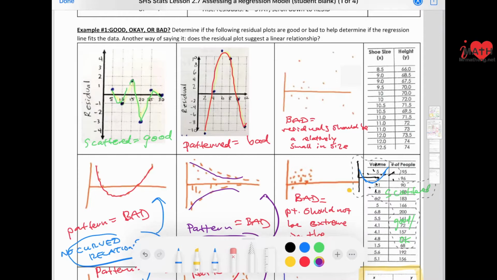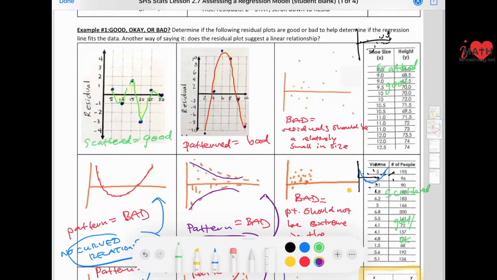Let's look at the shoe size and height. So that one on mine kind of looked like that, and I didn't see a pattern for that one, so I would say scattered, and I would say it is good.